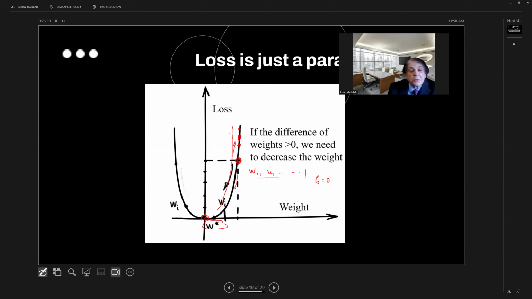I promised you to also explain what bias means. When we have, let's say, a function y equals mx plus b, this is a line. m is the slope of this line, and b is the intercept. The intercept is this one.